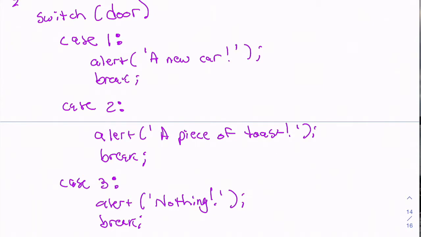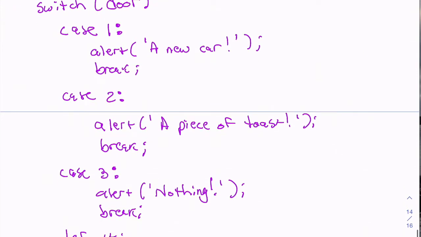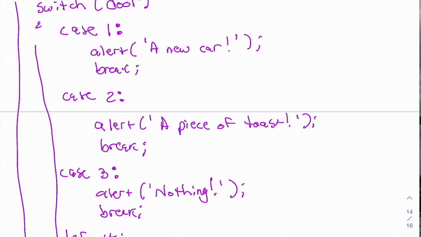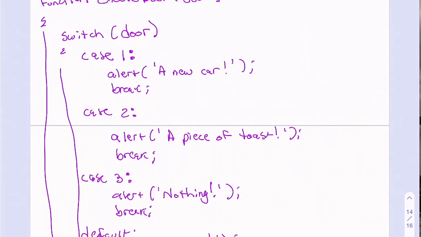Okay, and then just to be good programmers, we should probably add a default here and just do an alert that says error. We should never have this, but it's always good to have that default in there just in case. Okay, oops, I got to open a curly bracket here and close the curly bracket there, and close the curly bracket for the actual function. Okay, so that's our choose door method.